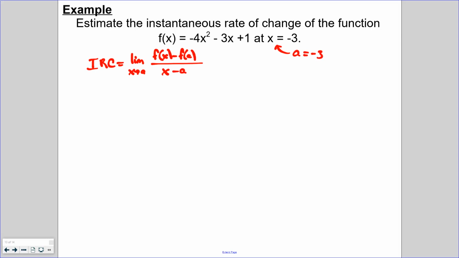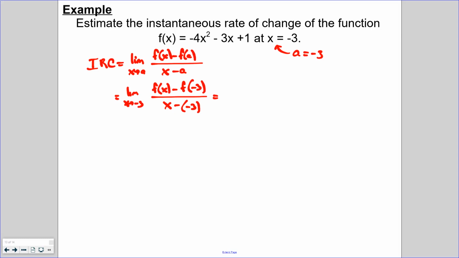So then we can substitute in our values here. So we're going to get the limit as x approaches negative 3 of f of x minus f of negative 3 all over x minus negative 3. All right, so then next up, we're going to want to plug the x into our function and the negative 3 into our function.